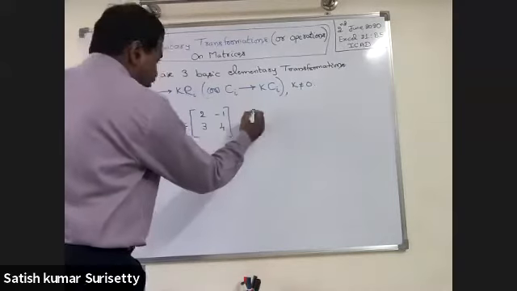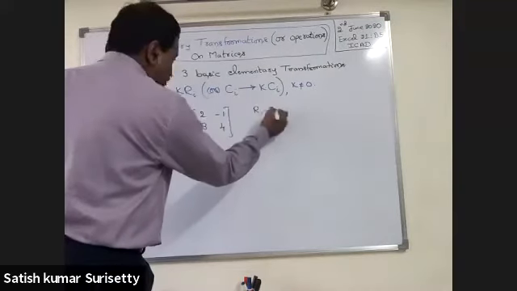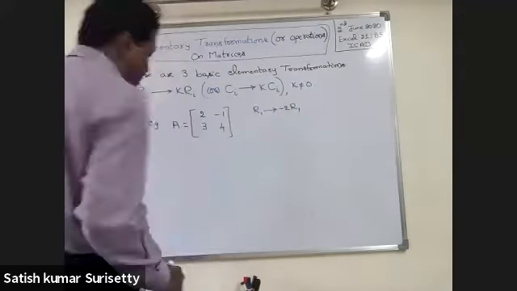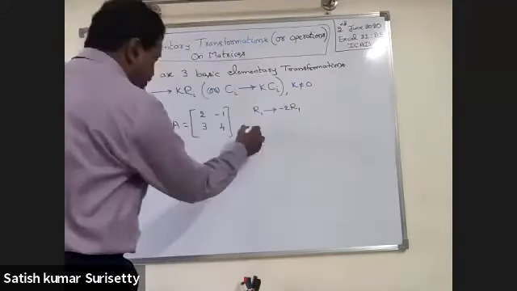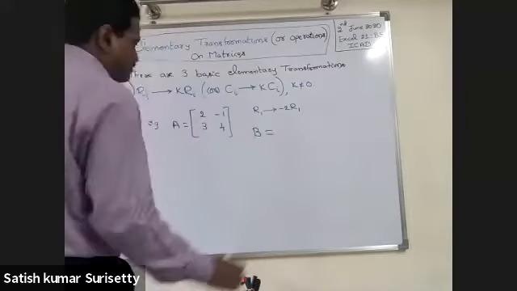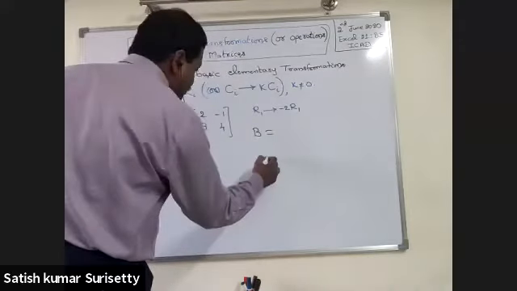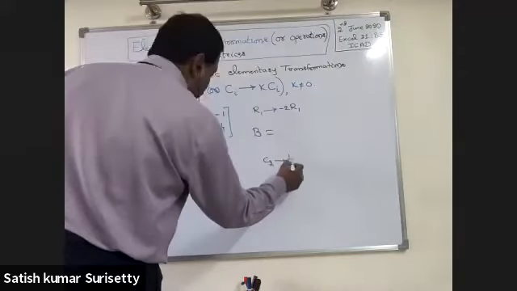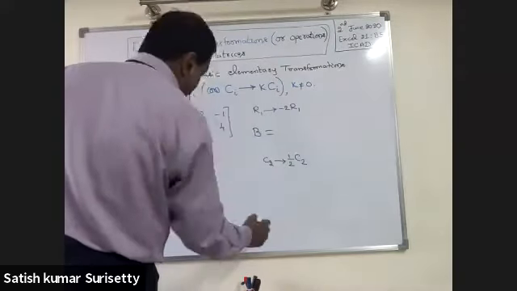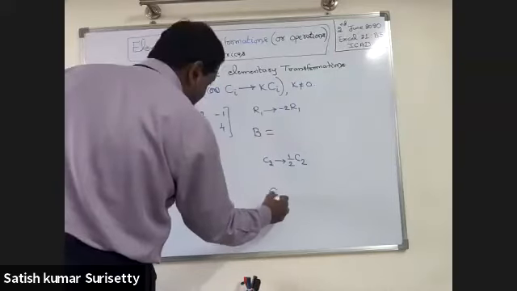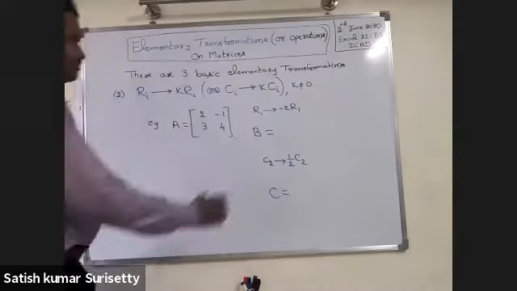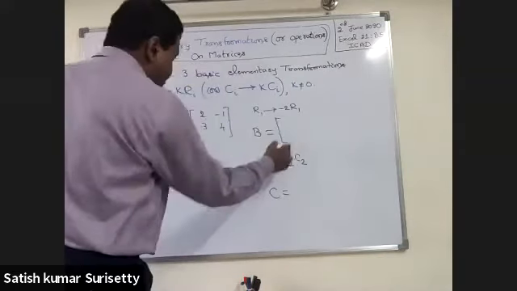Let us apply the operation R1 to minus 2 R1 and write the new matrix B. And C2 to 1 by 2 C2 and write the new matrix C. Tell me the elements of matrix B row wise.